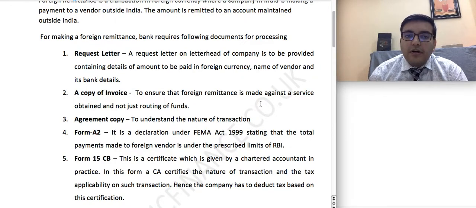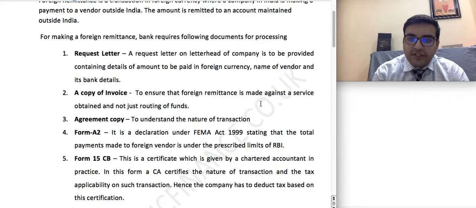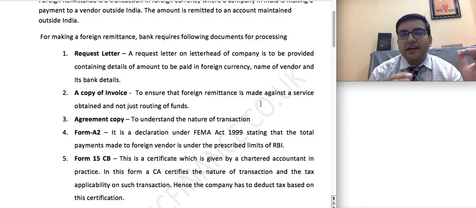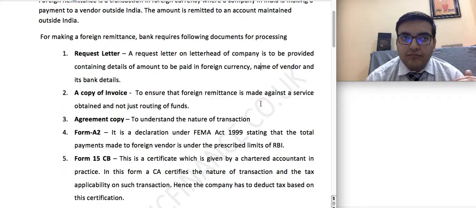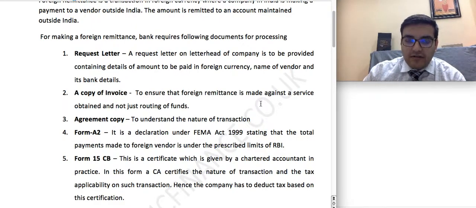We first prepare a request letter stating, please remit xxx amount of dollars to the below mentioned account number, and we put in all the details of that company, the account number, name, address, etc., and attach other documents with it.